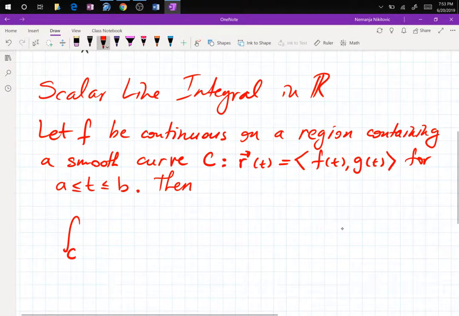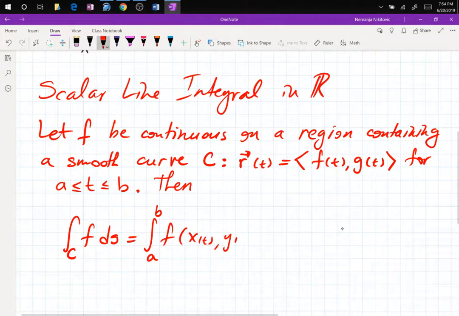and this is the notation, the integral over the curve C of f ds, where ds is the arc length parametrization, is going to be given by the integral from a to b of f of x of t, y of t times the absolute value of r prime of t dt.